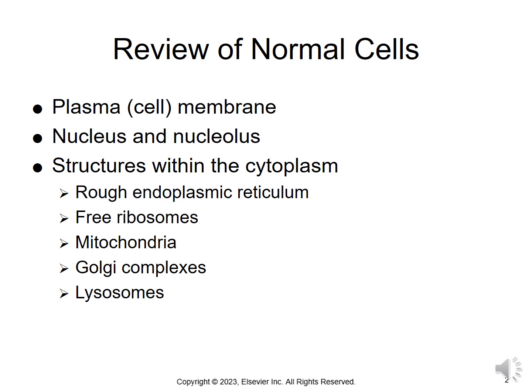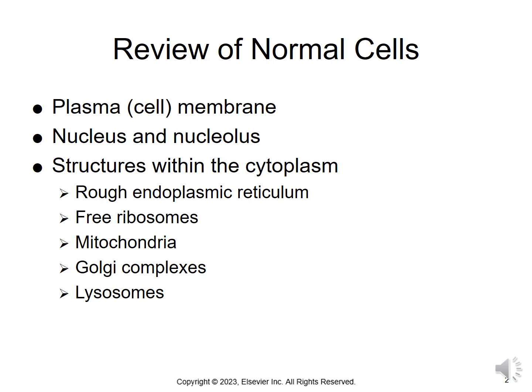Other structures located in the cytoplasm include the rough endoplasmic reticulum. This is responsible for protein synthesis and for export. The free ribosomes are responsible for protein synthesis for cell maintenance and repair. The mitochondria provide necessary energy in the form of adenosine triphosphate, or ATP, for cell activity.